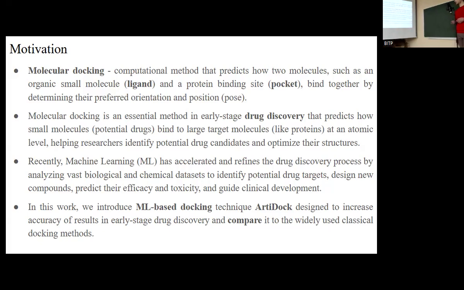And in this work, I want to introduce a machine learning-based molecular docking technique that we call RTDock, which is designed to increase the accuracy of results in early stage drug discovery. And we perform several evaluations against widely used classical docking tools.